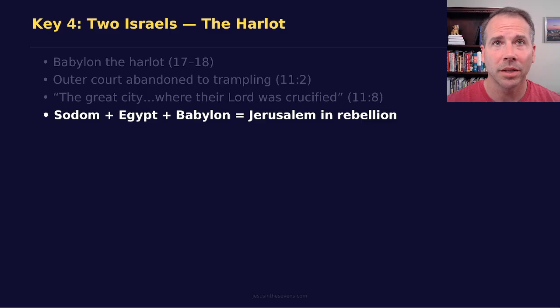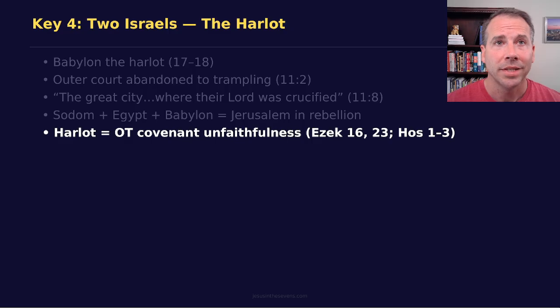So the comparison to Babylon and Egypt and Sodom have different perspectives on covenant unfaithfulness, which we see in the motif of the harlot, which is Old Testament covenant unfaithfulness. Anytime you see a harlot or adultery, unfaithful, those things all are the same vibe of covenant unfaithfulness. It's not from foreign cities. It's not from foreign nations that you get that language for the most part in the Old Testament.